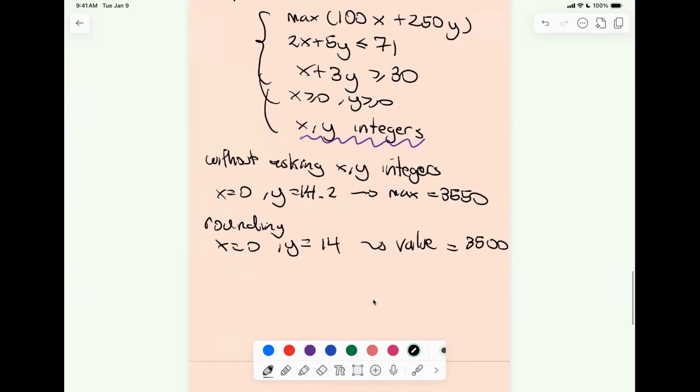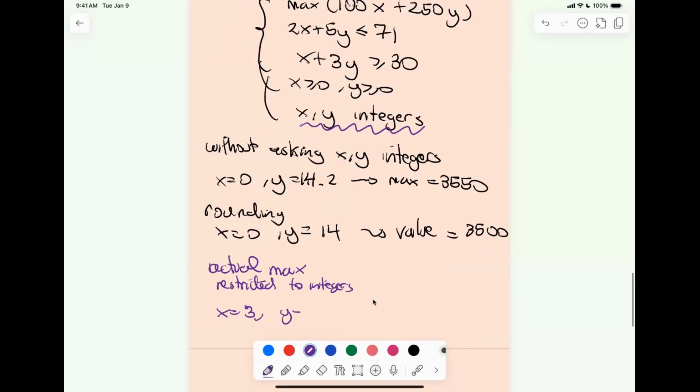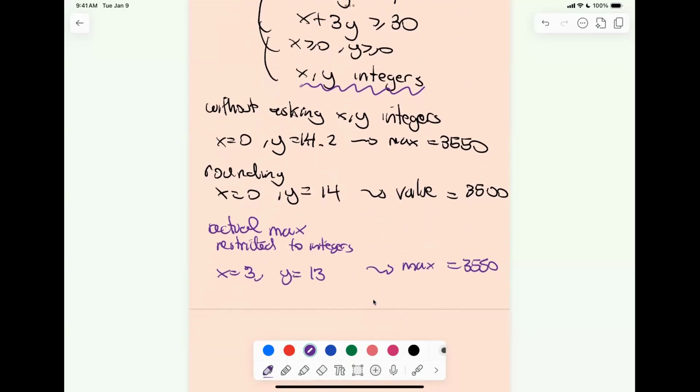And the actual max, if you restrict yourself to integers, is x equals 3, y equals 13, which in this case gives you 3550 again. So rounding may not be optimal. The point of this example is that rounding may not be optimal.